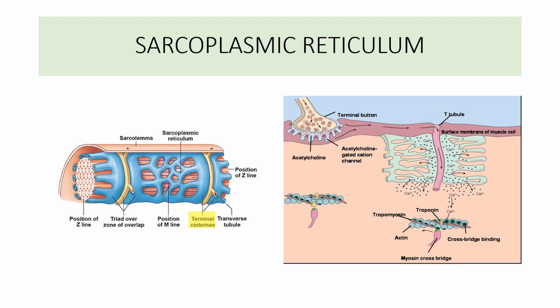When the stimulus from the motor end plate comes to the T-tubules, because they are present just near the T-tubules, the stimulus, when received by the sarcoplasmic reticulum, leads to an increase in the release of calcium ions. This calcium ion from the sarcoplasmic reticulum is sensed by troponin of the thin filament, thereby initiating the muscle contraction.